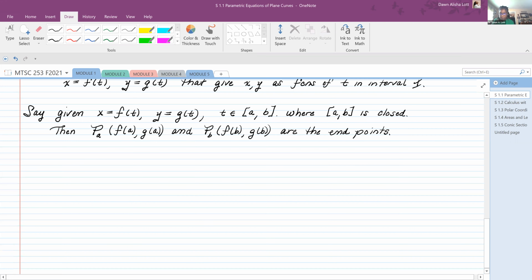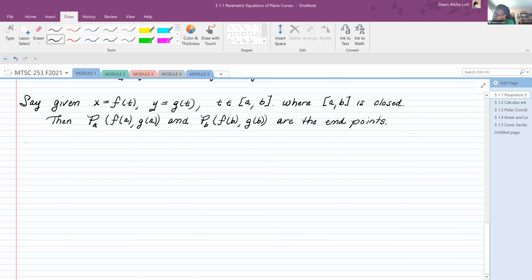Okay. So here's an example. I have x equals cosine of t, y equals the sine of t, and t is an element of [0, pi over 2].